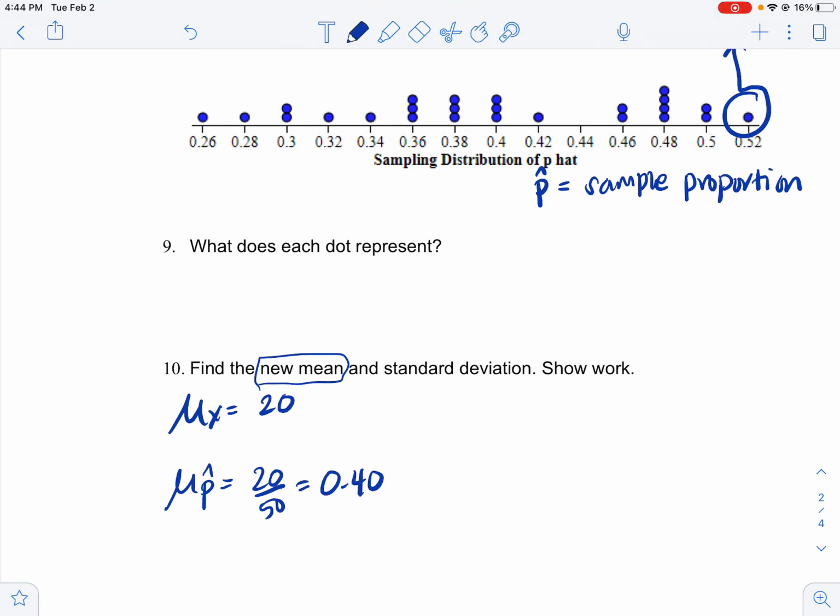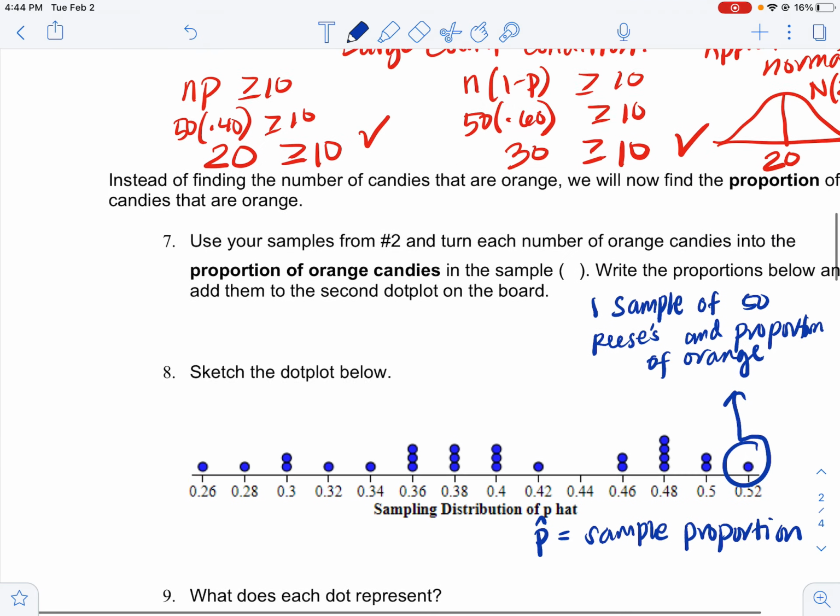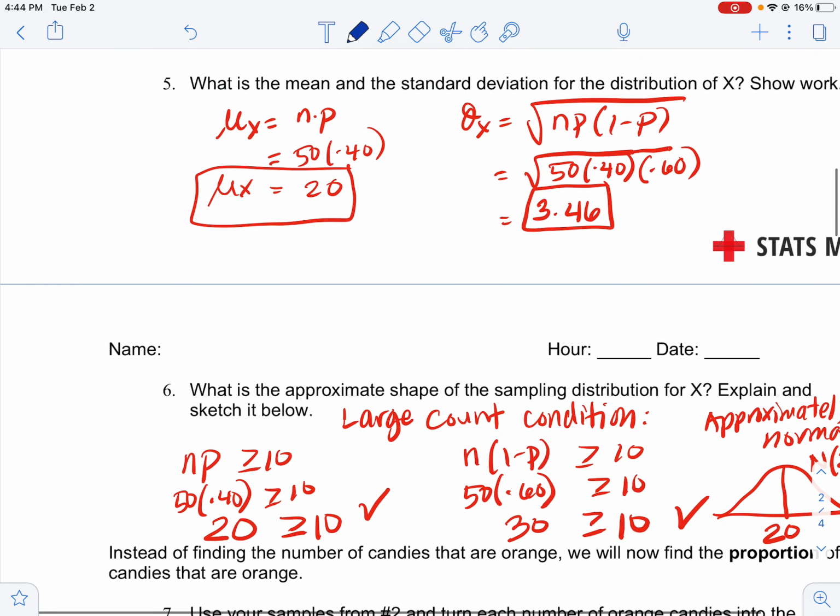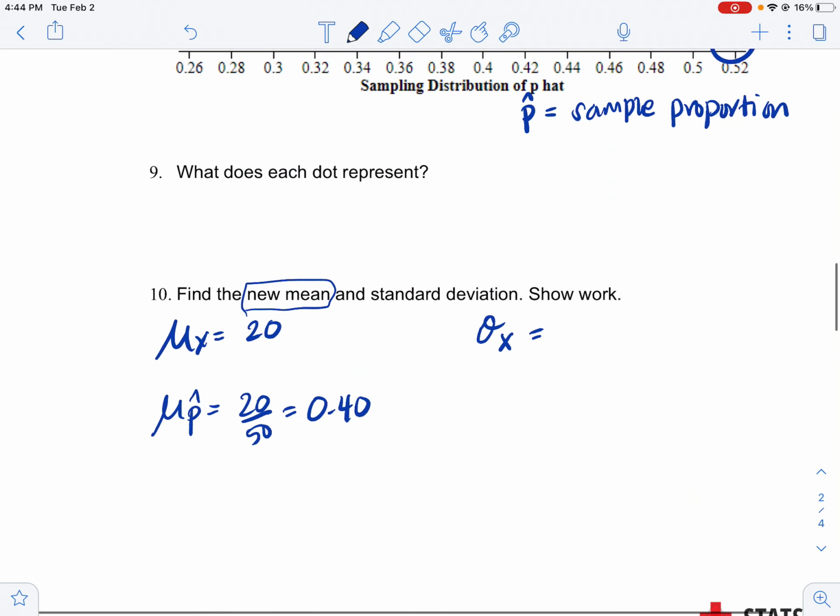My standard deviation of x was 3.46. And I divided every single value by 50. My constant value is 50. Would that just literally also divide your standard deviation by 50?